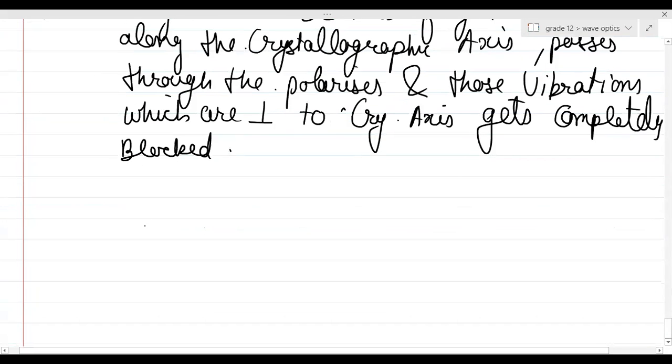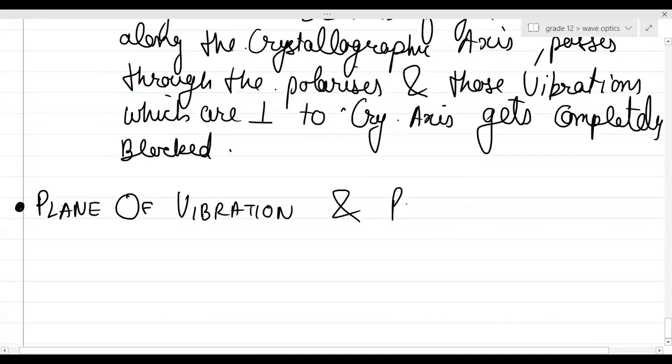After defining this particular thing, there are two planes which we need to define. One is called the plane of vibration, and the other is called the plane of polarization.